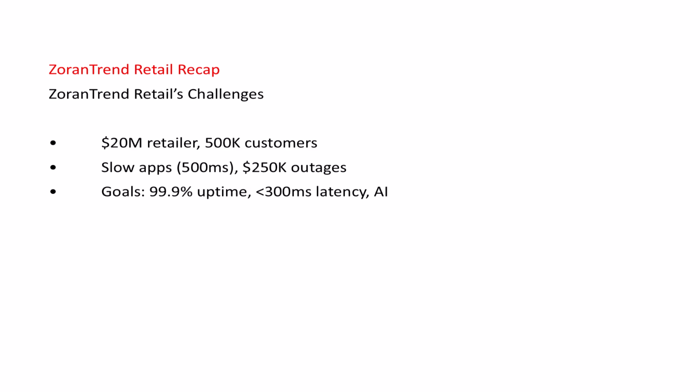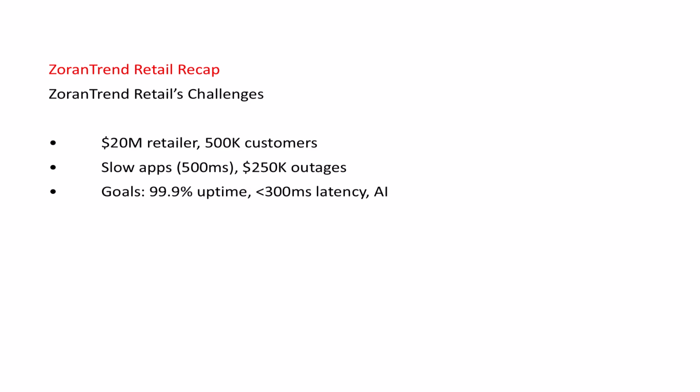We now develop the architecture design using a real-world scenario for Zoran Trend Retail. First, a brief recap. Zoran Trend Retail, an online retailer generating $20 million annually from clothing and related products, employs 150 staff and serves 500,000 customers, including European clients.